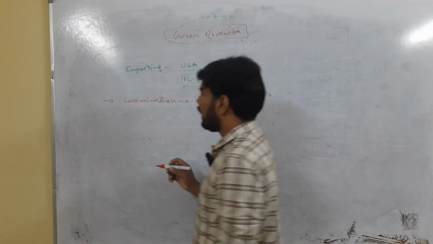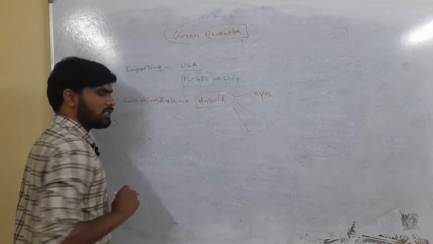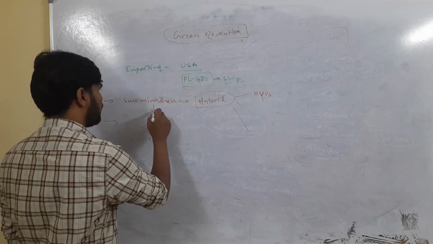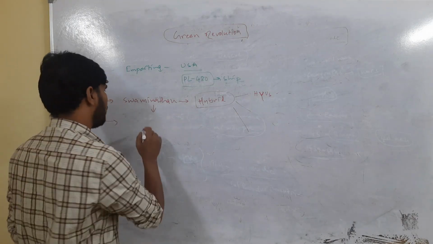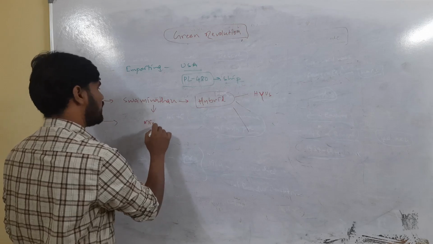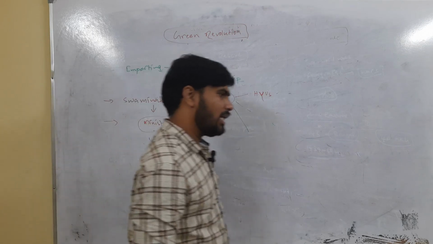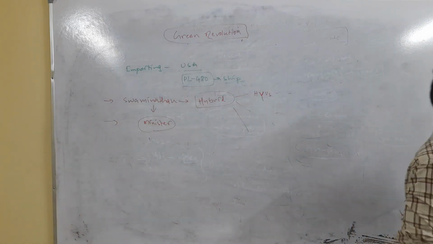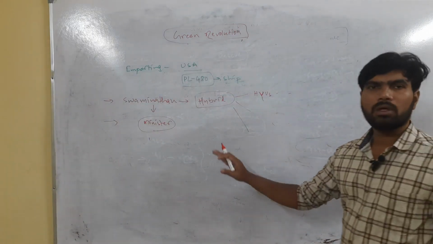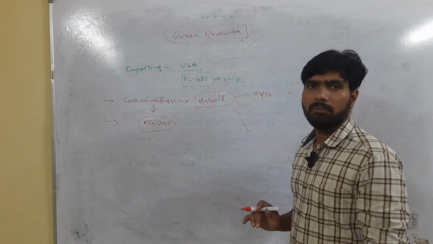However, at that time there was an agriculture minister, and MS Swaminathan was able to convince this central minister for agriculture, and this minister agreed, and he in turn convinced Mrs. Indira Gandhi to go for the introduction of high yielding varieties.